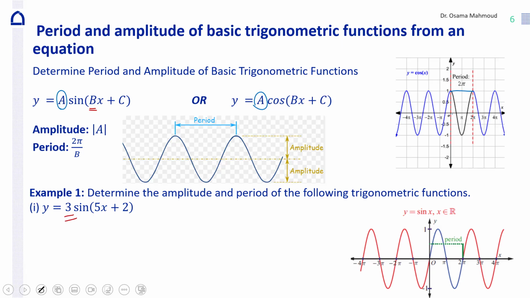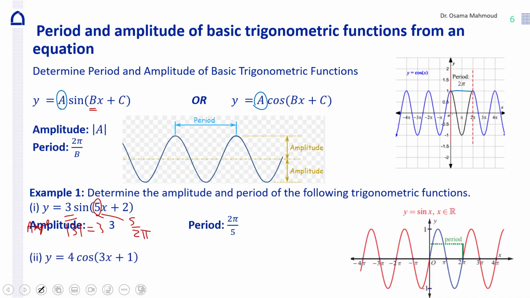I take the absolute value just in case I have a minus outside. So this is the amplitude. And I take this one and divide 2 pi by it to have the period, right? Catch it? Okay. Now I know how to find this.